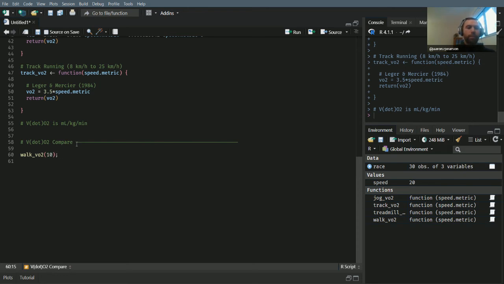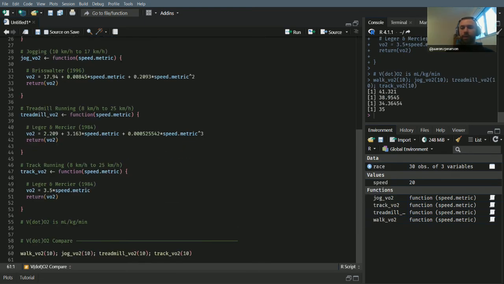If we use the semicolon, everything on that same line will run. So jog underscore VO2, semicolon, treadmill, 10, and finally our track, and then 10.